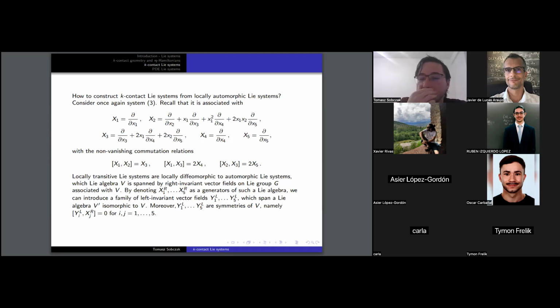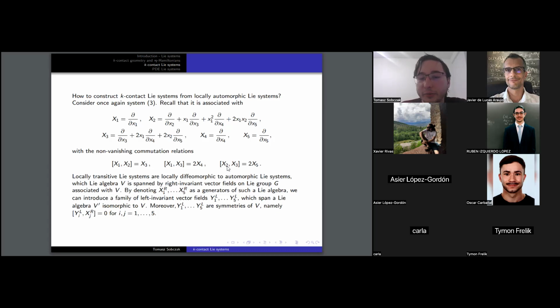And what is very crucial is that if we have a locally automorphic system, we can associate our Lie algebra. We can say that it is diffeomorphic to some Lie algebra of the Lie group G associated with V. Meaning, if we have this diffeomorphism, we can say that our vector fields are right invariant or left invariant vector fields.